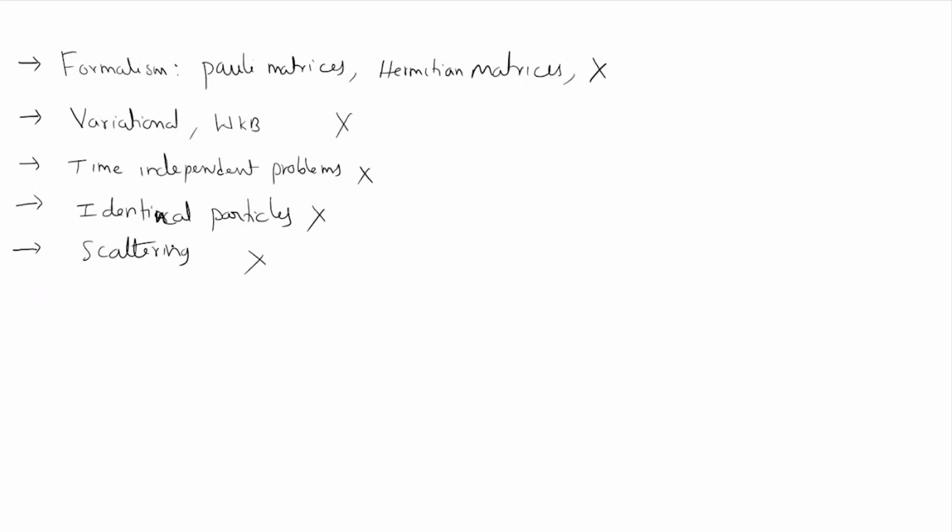And then there'll be questions on these aspects like formalism, variational methods, time independent problems, identical particle scattering. There's only a 30% chance that you get problems from these areas because these are advanced topics and we expect our students to know basics. That's why I chose topics which are very important and basic. So let's continue.